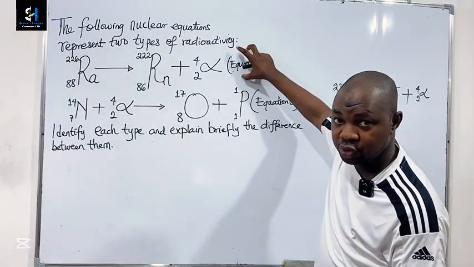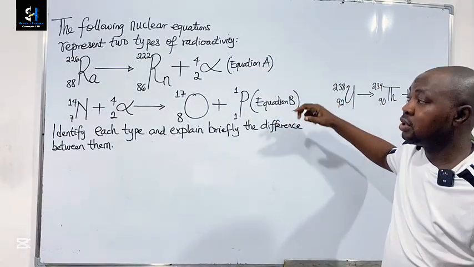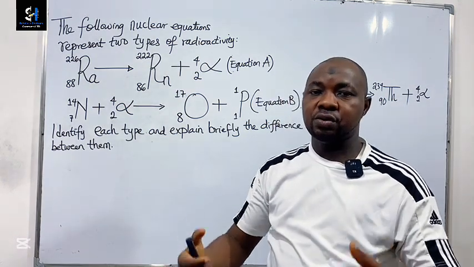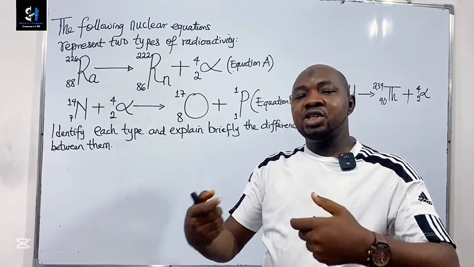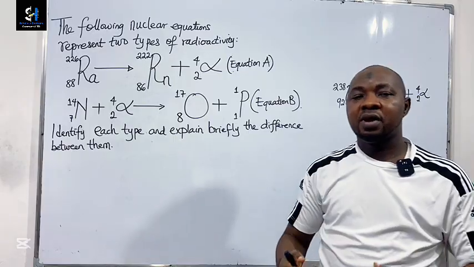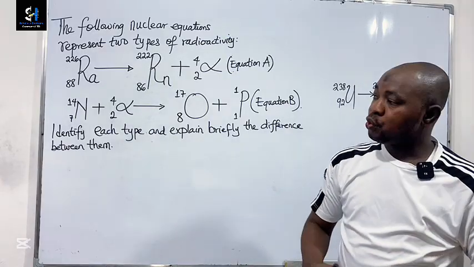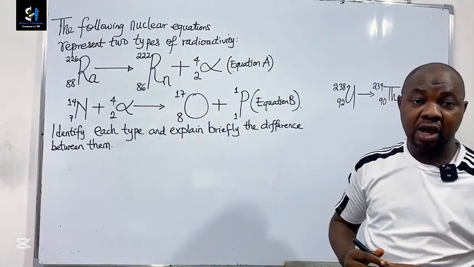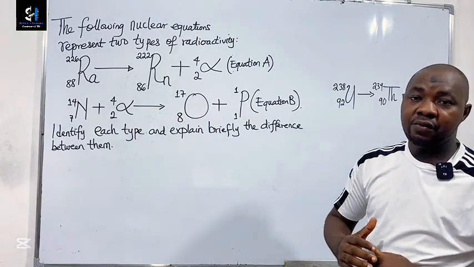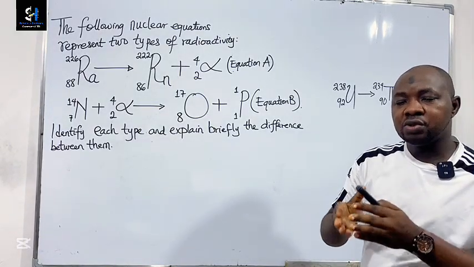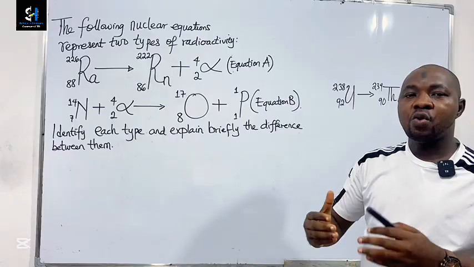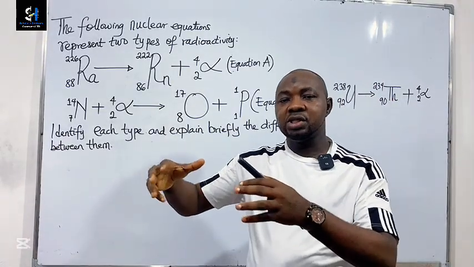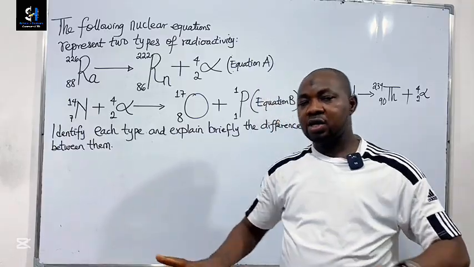The second equation is a non-spontaneous nuclear reaction, induced by the bombardment of an alpha particle, and it requires external energy to initiate the nuclear reaction.